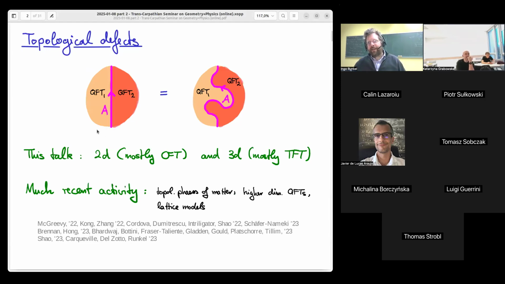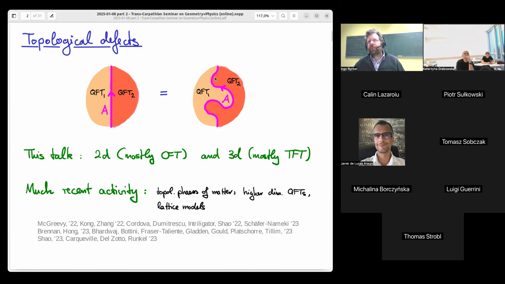I explained an example of topological defects in the Ising lattice model, but they also exist in quantum field theories. What you mean by a topological defect or a topological interface, in my two-dimensional example here, is that you have these two quantum field theories. They are related by this one-dimensional interface, and this interface is tensionless.